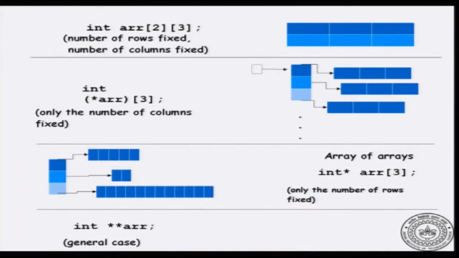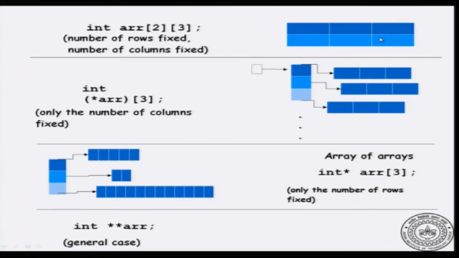So, here is a wrong picture, but it sort of gives you an idea of how to look at these structures. So, if I have int array[2][3], you can think of it as the number of rows is fixed and the number of columns is fixed.